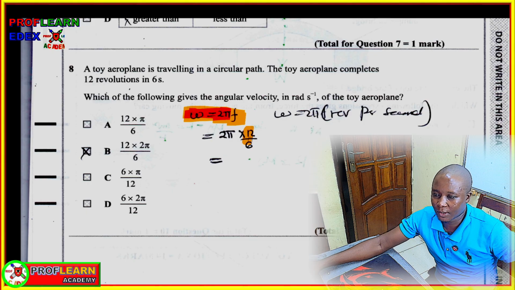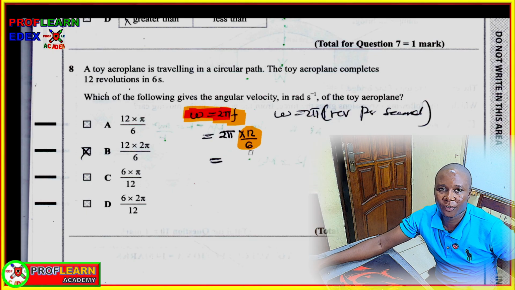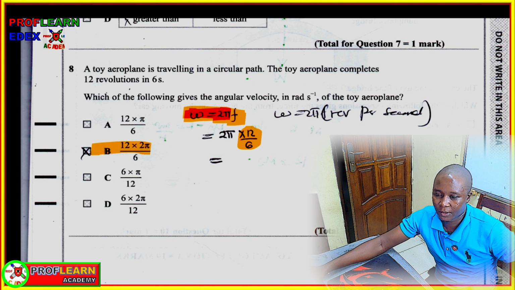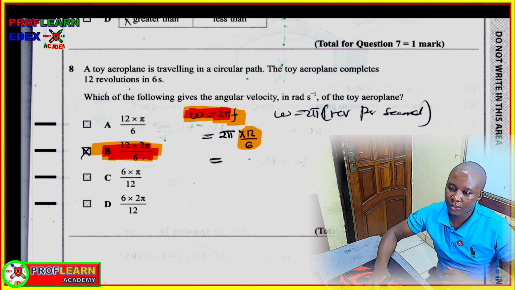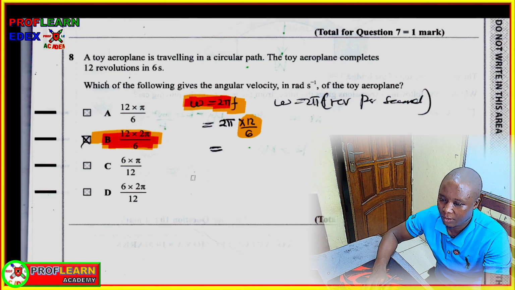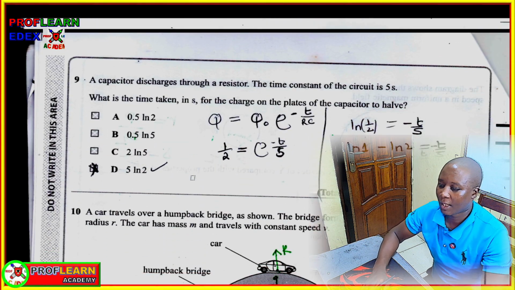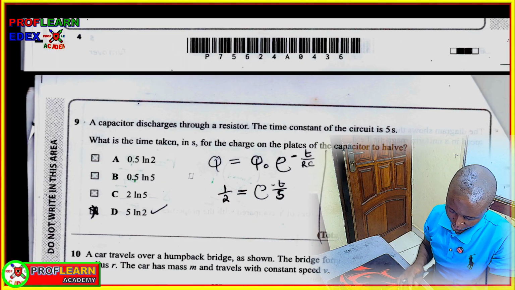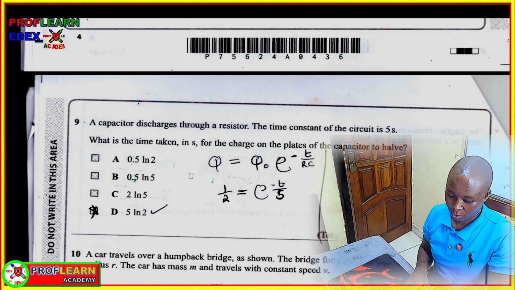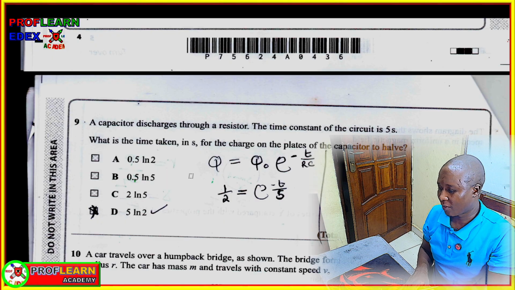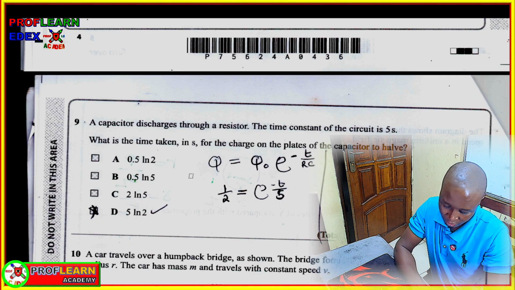Since this is the frequency 12/6, our answer now becomes this value that we have at that point. Moving to question number 9, and this is going to be the second last question on the multiple choice. Of course, we are going to have another part that we shall be talking about, structured questions.